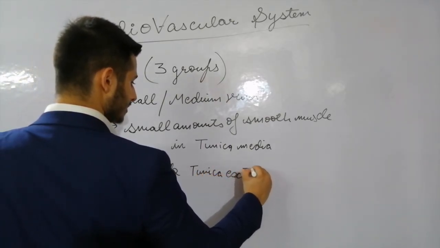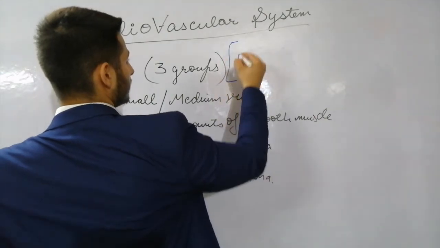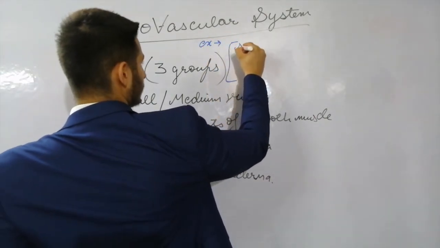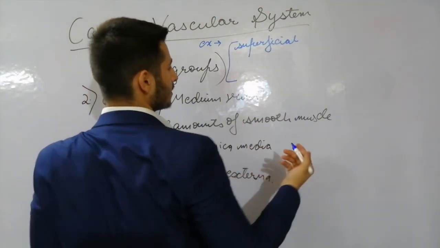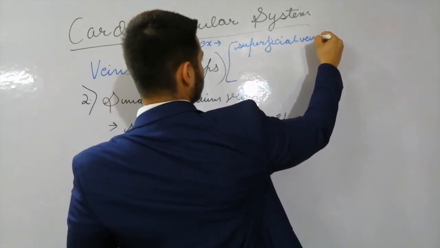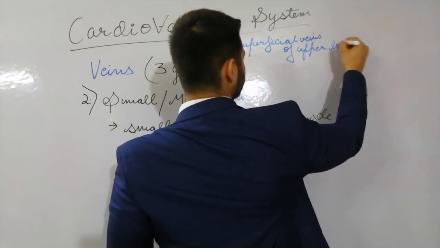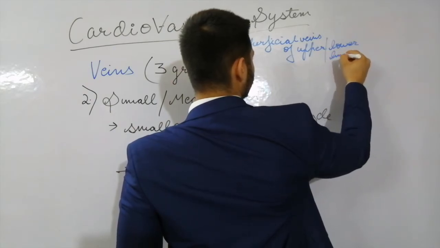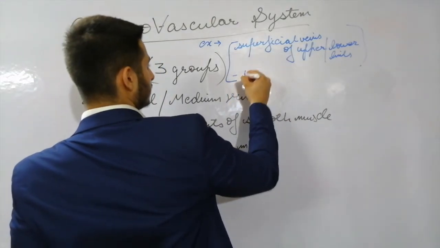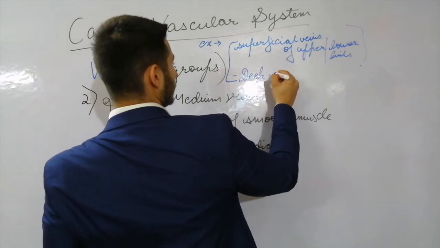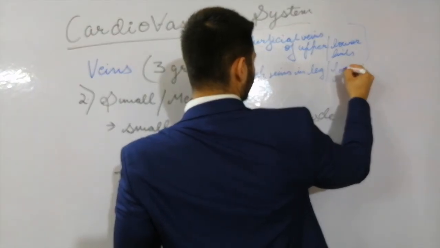A few examples of this group of veins are the superficial veins of the upper and lower limbs, and the deep veins in the leg and forearm.